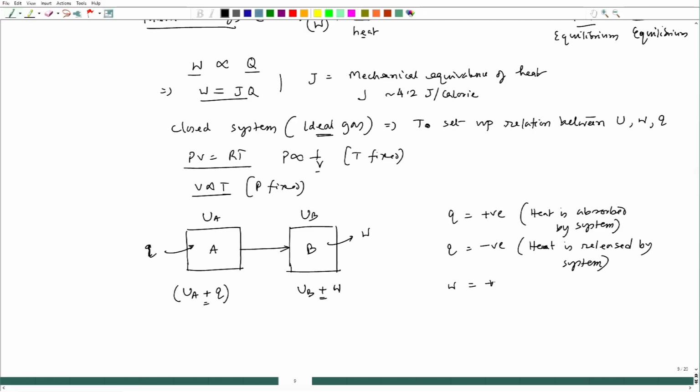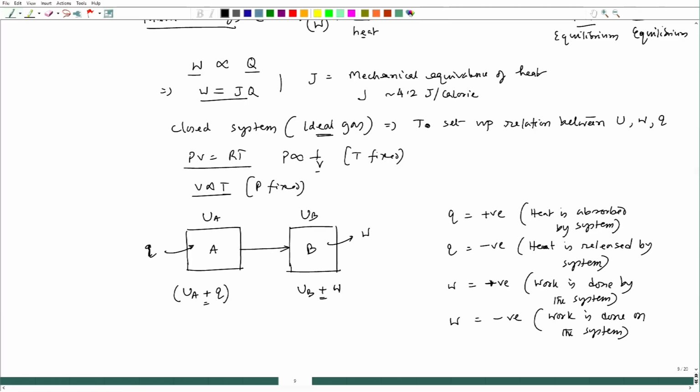W is positive when work is done by the system, and W is negative when work is done on the system. This sign convention we will follow.